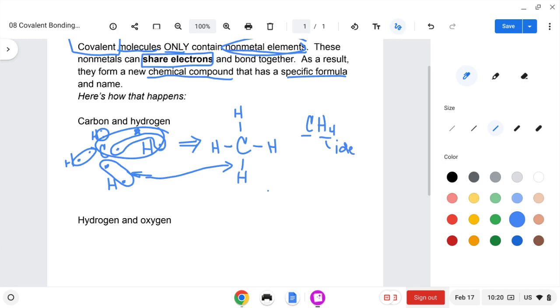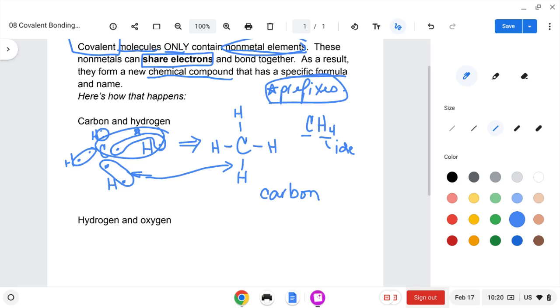So in this case, we're going to call this carbon, and then we're going to call the hydrogen hydride. But the difference is we don't just call this carbon hydride. In covalent molecules, we have to use prefixes to indicate how many atoms we have. So I only have one carbon. You'd think that I would call it monocarbon, because mono is the prefix for one.